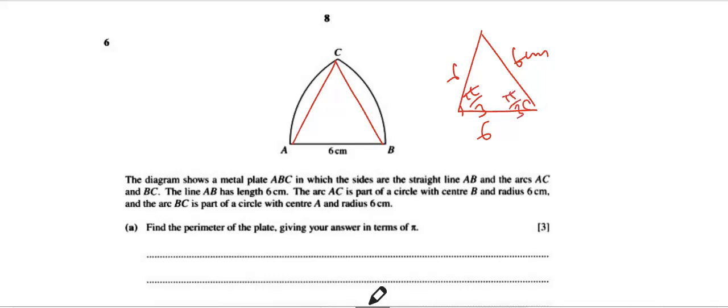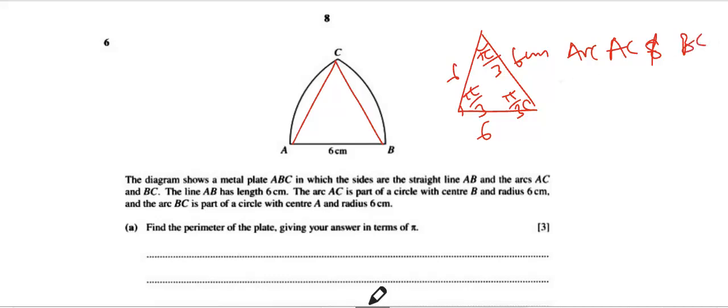And here is also pi over 3. All sides are equal, right? So the arc AC, we can look at the arc AC and the arc BC.